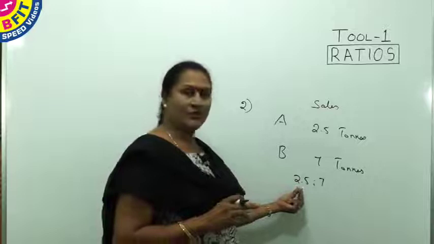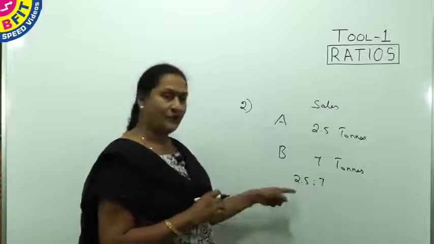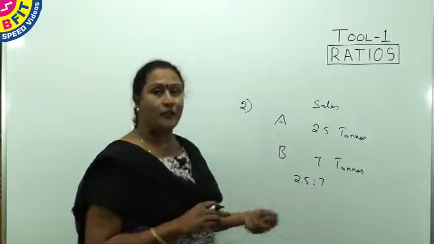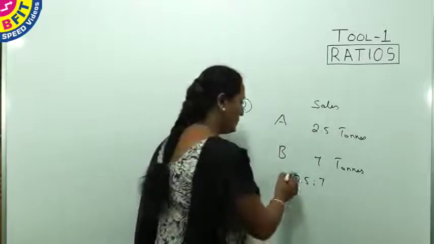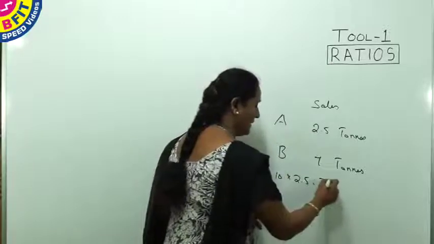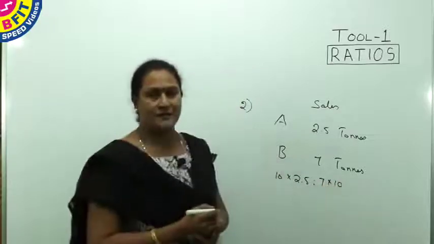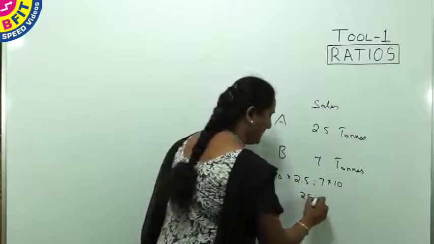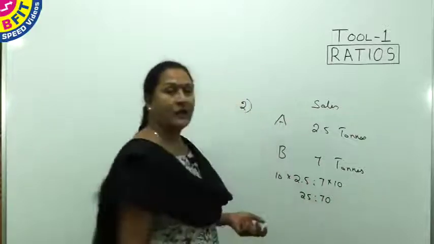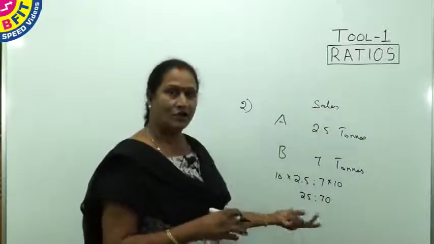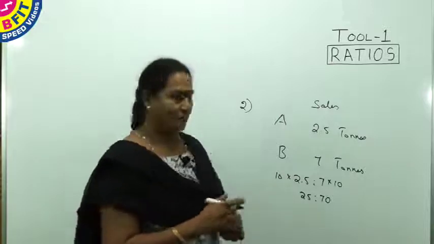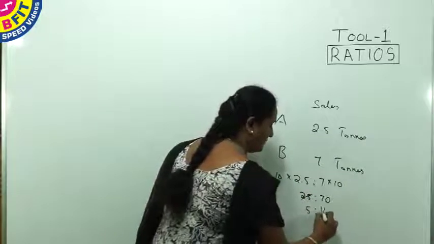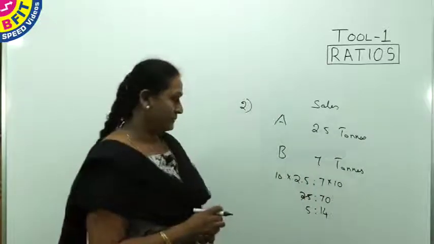How do we convert this to integer format? Check the decimal places. In the first part we have 1 decimal place. Multiplying both parts by 10, we can eliminate the decimal. Now the value is 25 is to 70. To get the ratio, simplify the common factors: 5 times 5 and 5 times 14.